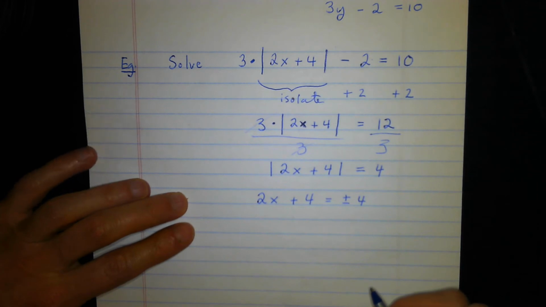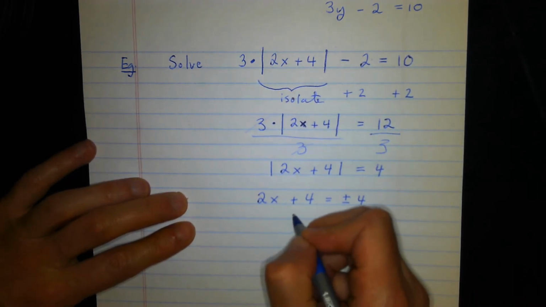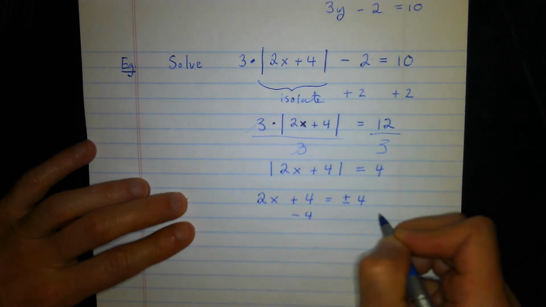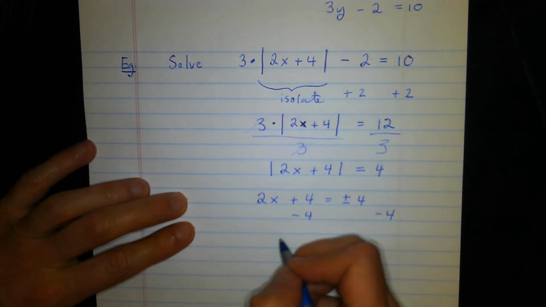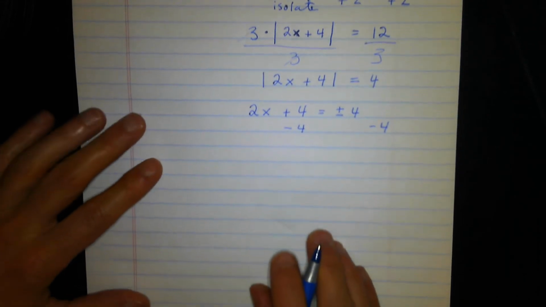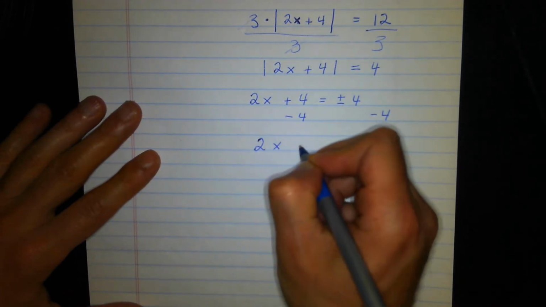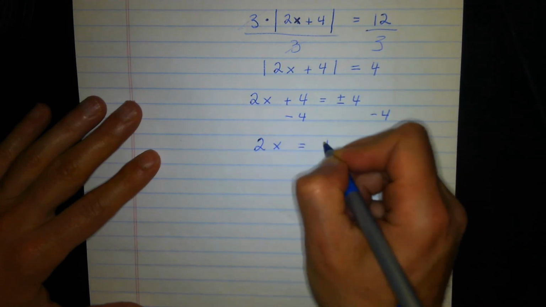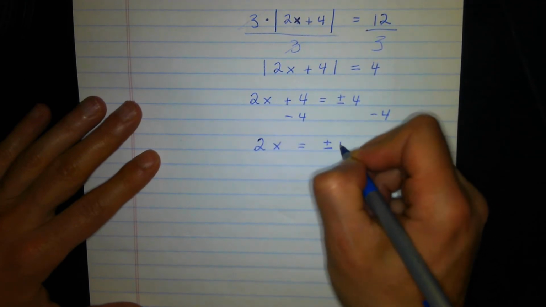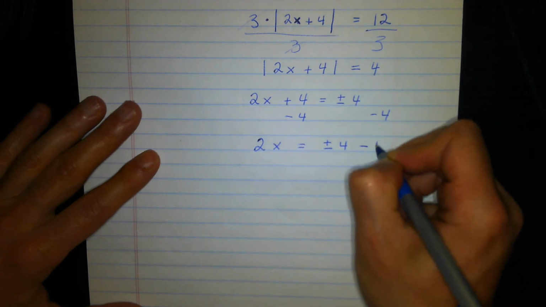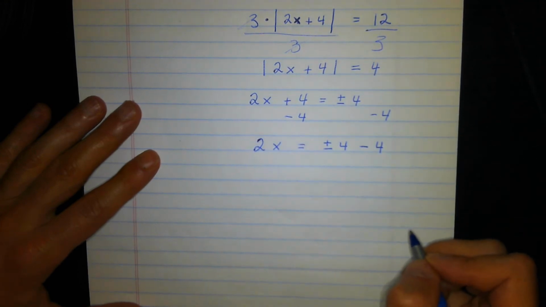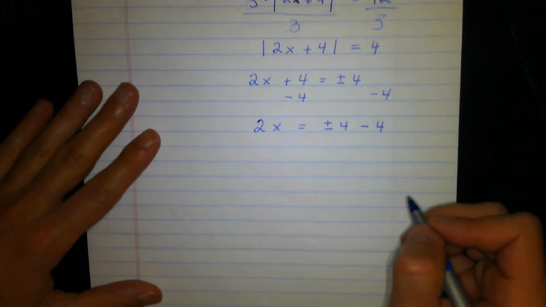Again, just think of it as a linear equation. The first thing I'm going to do is just subtract 4 from both sides. And that leaves me with 2x equals plus or minus 4, minus 4.